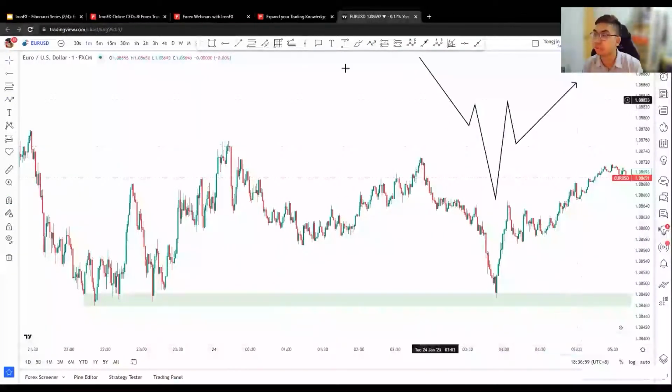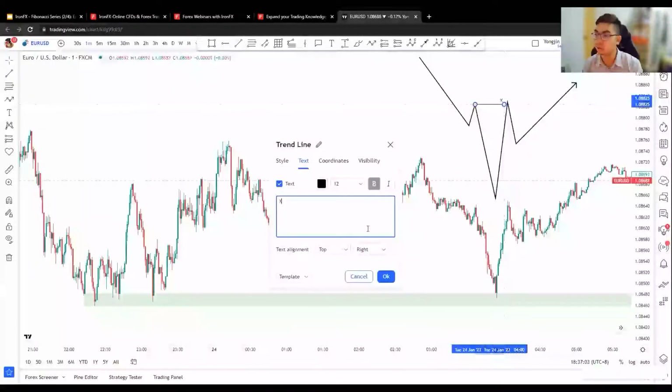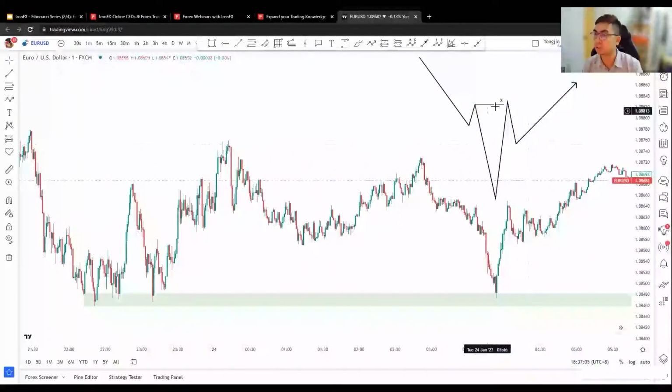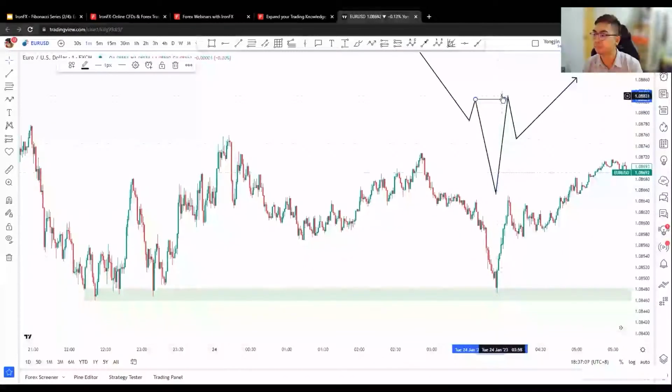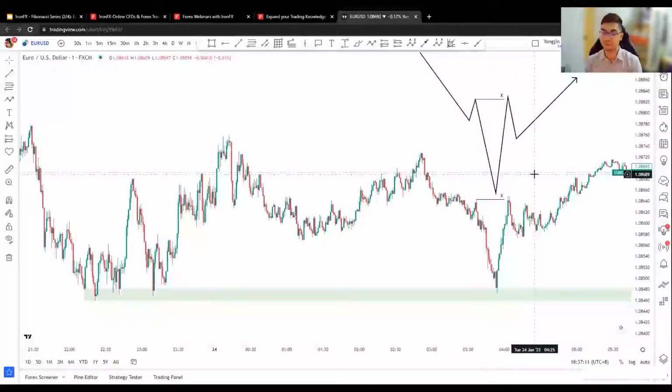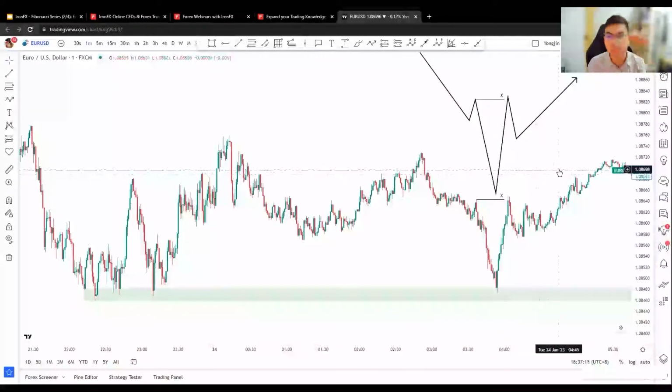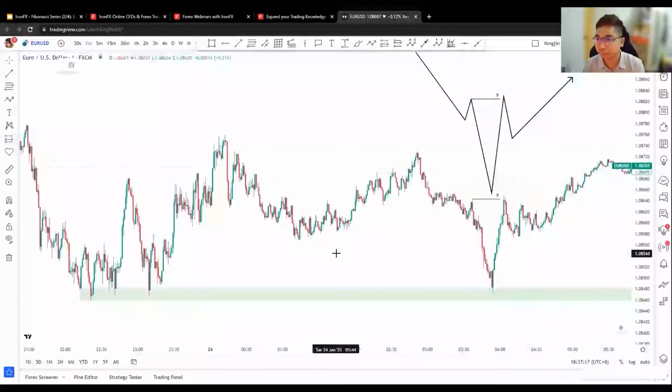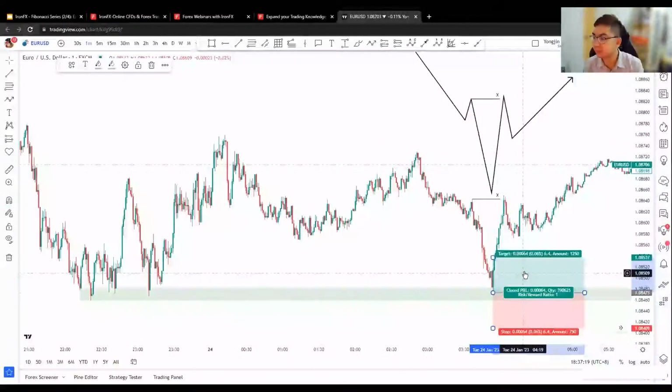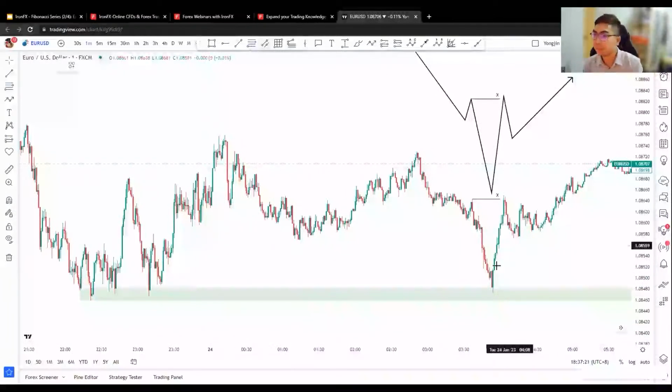I'll put out how I take a look at it. So this is also when price broke structure right there. Once price broke structure, I'll start looking for, as I mentioned, either the 38.2% or the 50% Fibonacci retracements. So I'll draw from the bottom to the top.